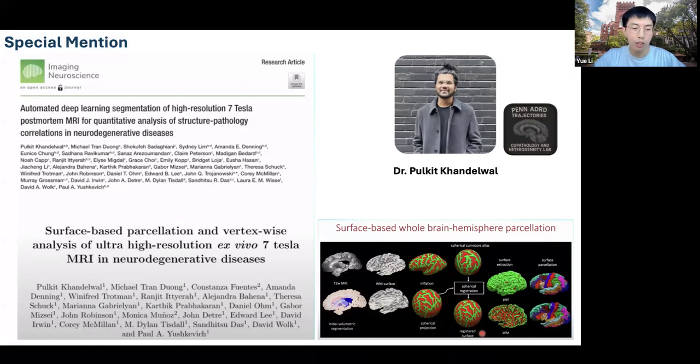So I believe if the segmentation is accurate, we can find the significant difference between different groups. And if the image resolution is much higher, this thickness or this biomarker should be more accurate.